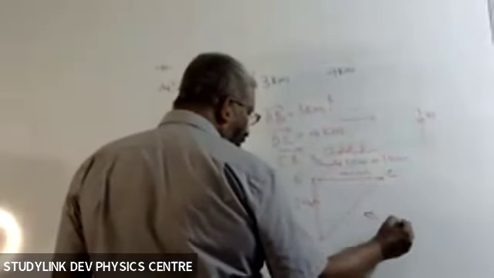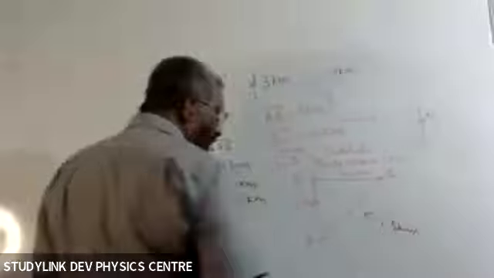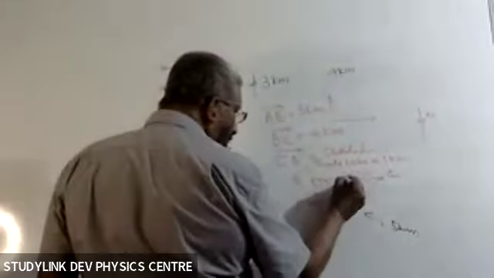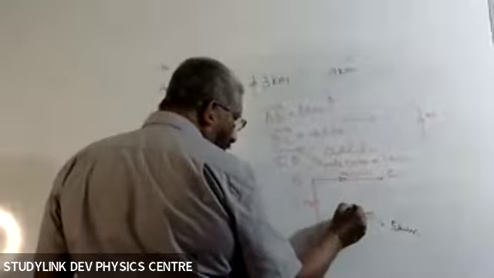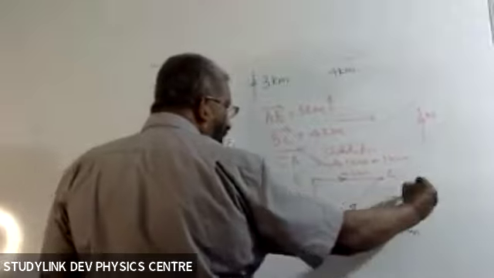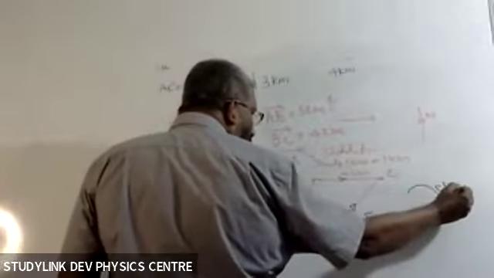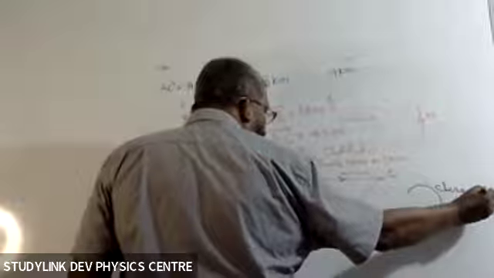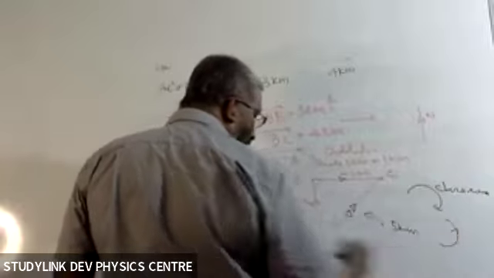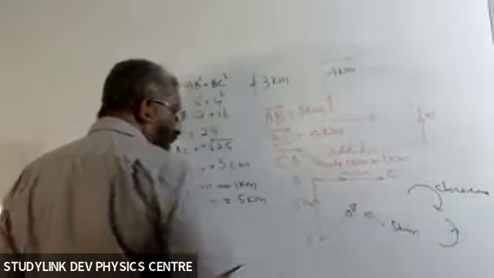Actual distance 5 kilometers. After that, you have to find the direction. To find the direction, remember these two are going clockwise. The opposite direction is anticlockwise. This is the opposite way.